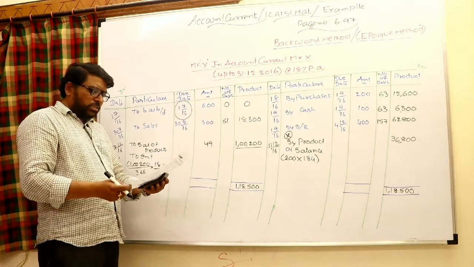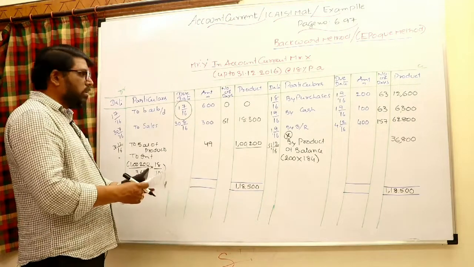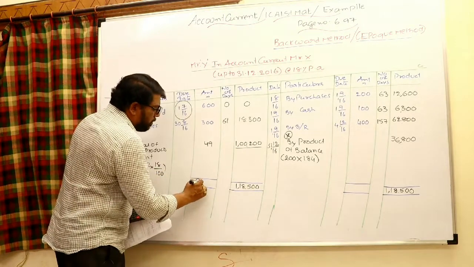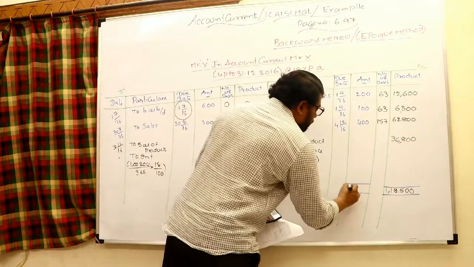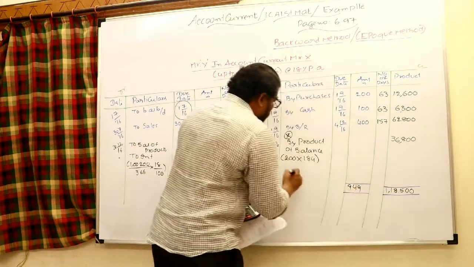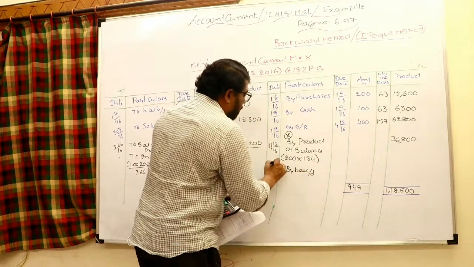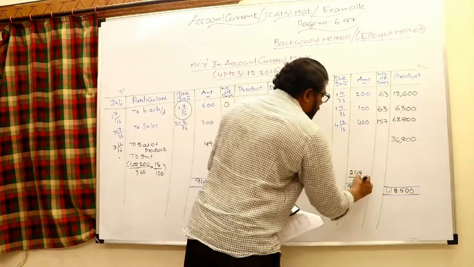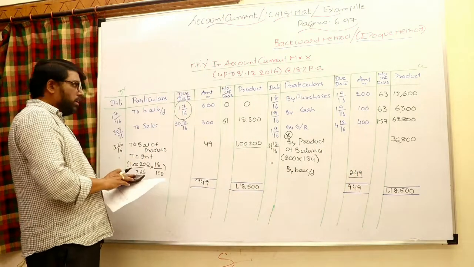Of course it was considered as 365, but you may take 366 also, no problem. The same amount will come. Okay, 949 balance of amount. Simply go for by balance carry down, 949. By balance carry down. Of course, to balance brought down, 949.